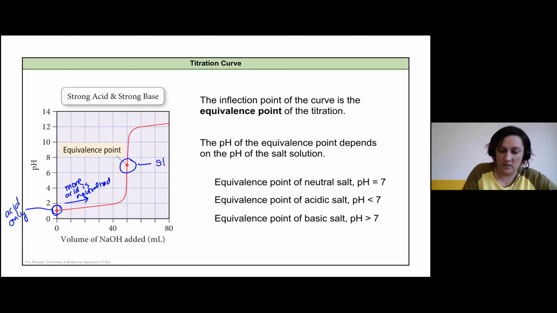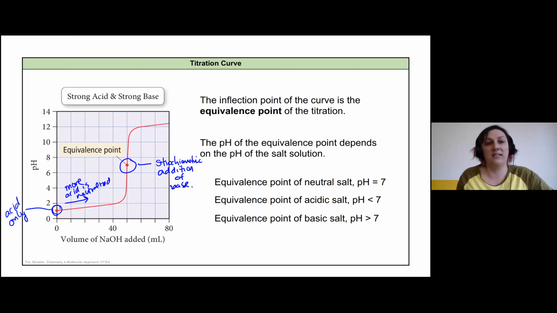We're at a stoichiometric addition of base at this point. So I have the same moles of acid as I have of base at that equivalence point. And you can see that pH comes up quickly and it's neutral. Now, after that point, every drop of NaOH I add is just adding hydroxide ions to a neutral solution.